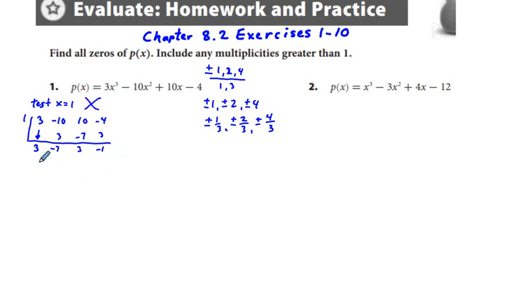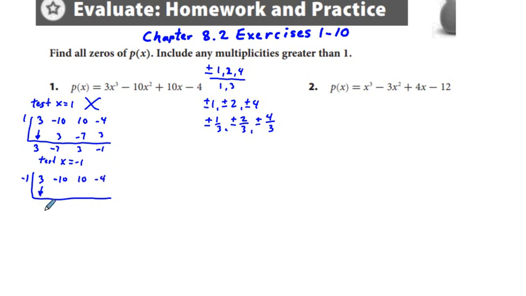So we're going to put an x right here. Next we're going to test the zero of x equal to negative 1. We go about the same type of synthetic division bracket, but in this case with a negative 1 on the outside. Then we have 3, negative 10, 10, and negative 4.